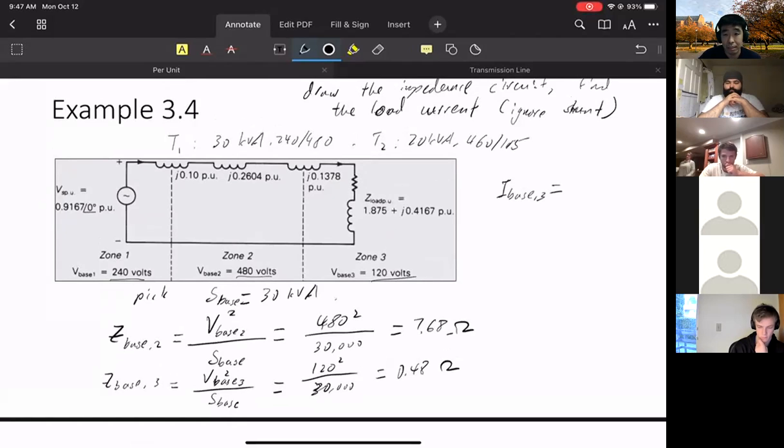Remember what this equation is? What is the base current value? Remember, the base impedance from last time is V squared over the power. Then what is the base current?